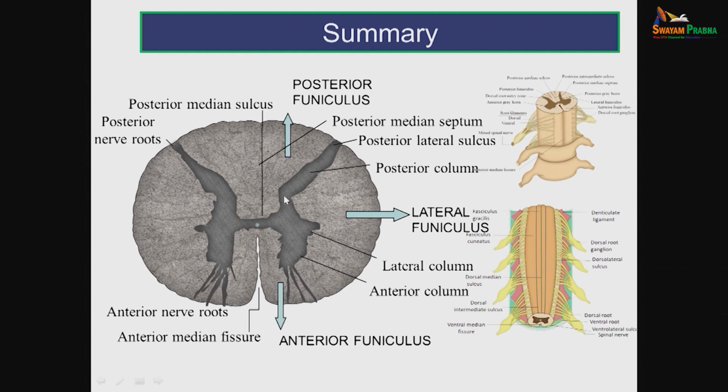Then in the grey matter, we talked about the various nuclei which are present. Nuclei are nothing but collection of nerve cell bodies within the central nervous system. And outside in the white matter, in the anterior white column, lateral white column and posterior white column, which are also called anterior funiculus, lateral funiculus and posterior funiculus respectively, we talked about the various tracts, the position of the ascending and descending tracts.